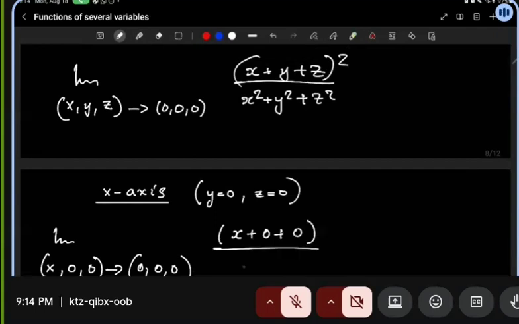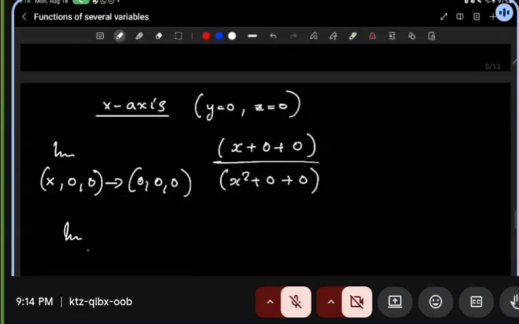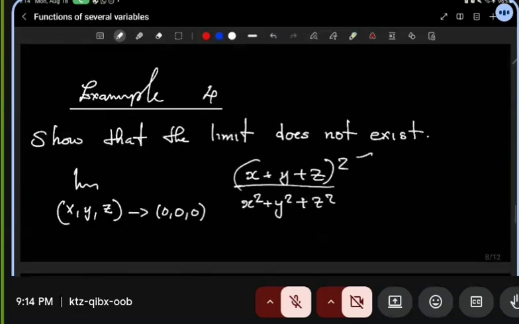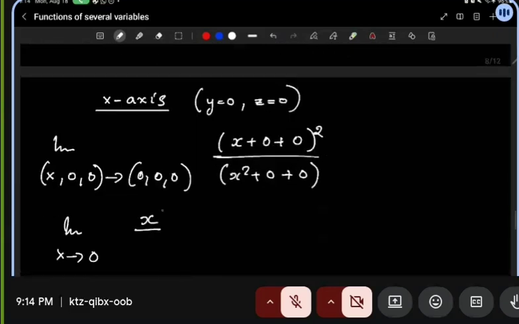And then here we have X squared plus 0 plus 0. So what we observe here is that it's the same as just writing X approaching 0 down here. And then this will reduce to just X. But remember, there was a square here. Since the other two are zeros, this reduces to X squared over X squared. And this gives us a 1.